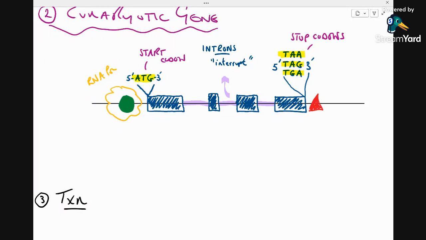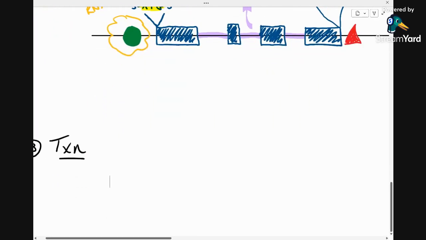If I get rid of that ribosome there. What happens, first of all, from last year, is that RNA polymerase binds to the promoter region.